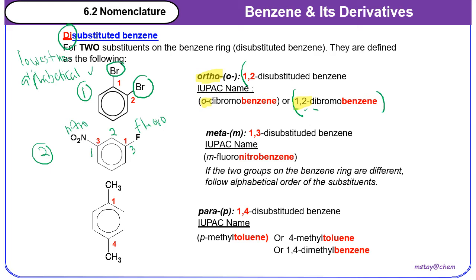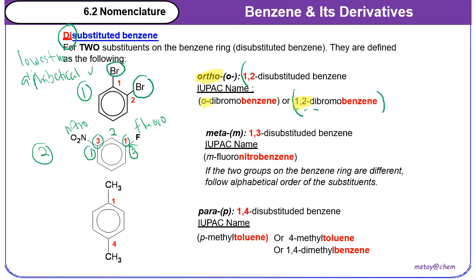Because if we go anti-clockwise, it will become 1, 2, 3, 4, and 5, so 1 and 5, the total number for the substituents is higher. That's why we will not use anti-clockwise. No matter whether you put nitro as carbon number 1 or fluoro as carbon number 1, we still get 1 and 3.